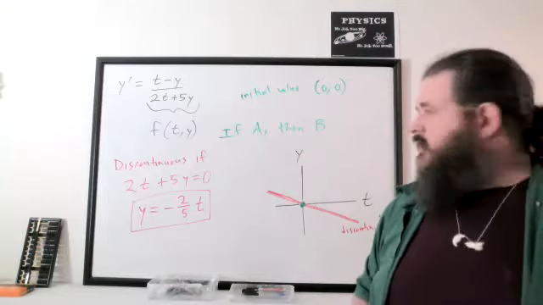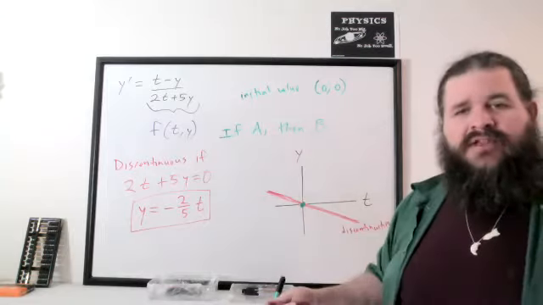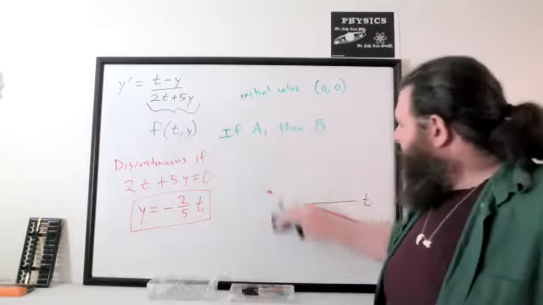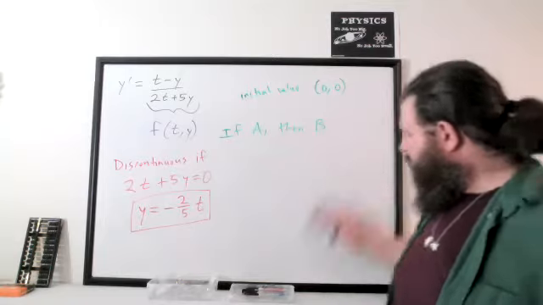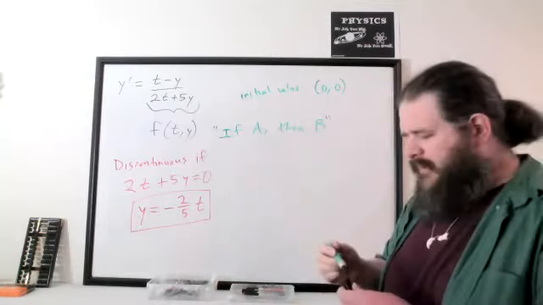However, one other useful thing you can conclude from an if-then statement like this is what we call the contrapositive. So let's say we know if A is true, then B is true.